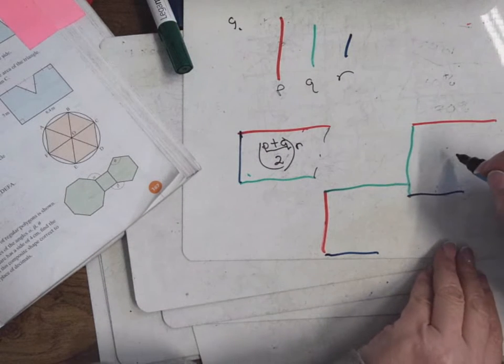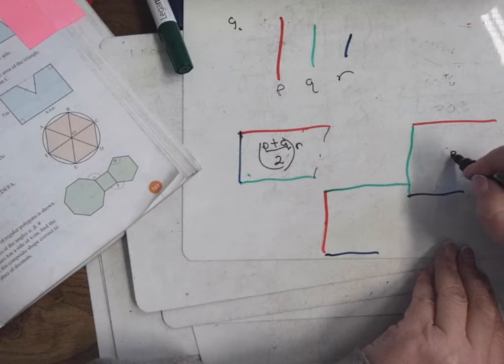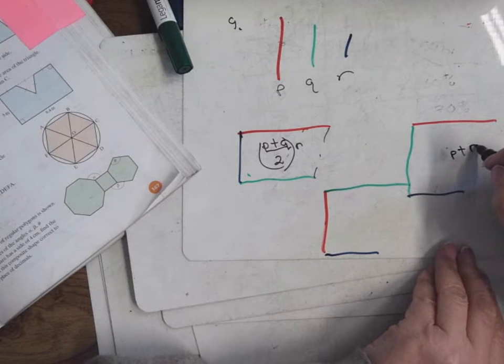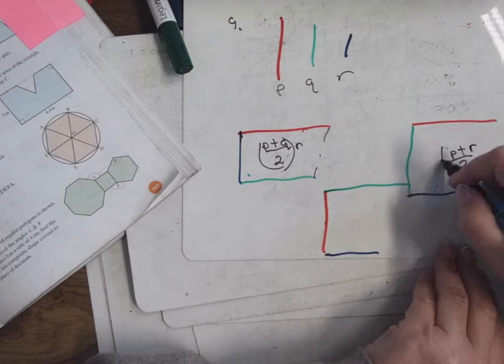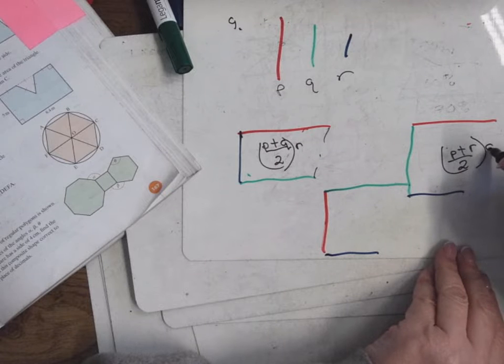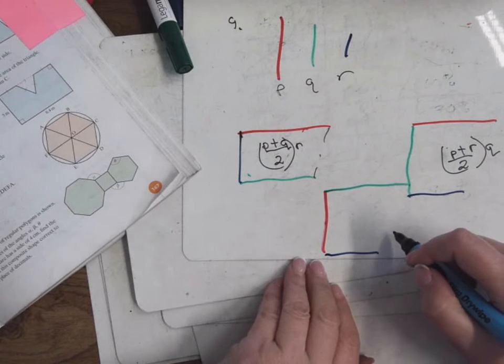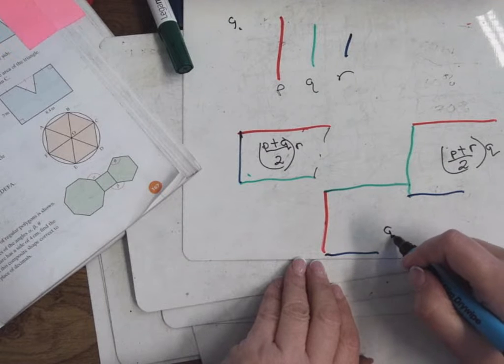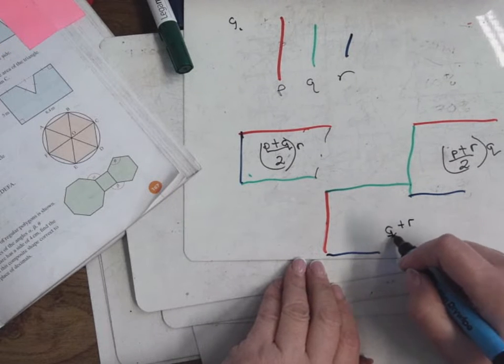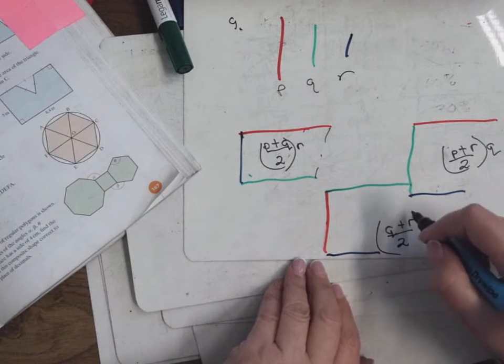Right. This one would be the red, which is P, plus the blue, which is R, divided by 2, multiplied by the perpendicular height, which is Q.